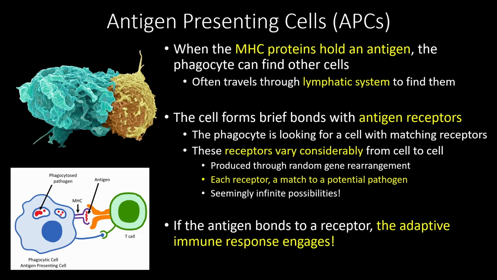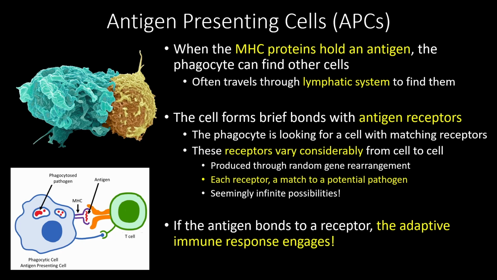So really cool. It doesn't always work out like that. It can take a long time for this to take place, and we don't necessarily have every single possible iteration of these antigen receptors in our body at one time. But it is something that does happen here, and most of the time this is successful.